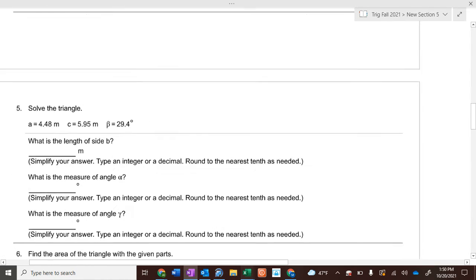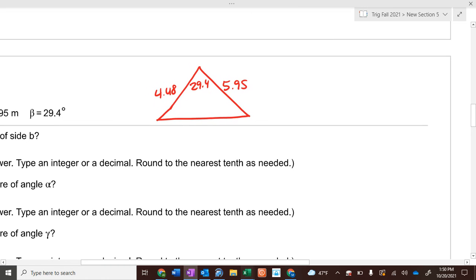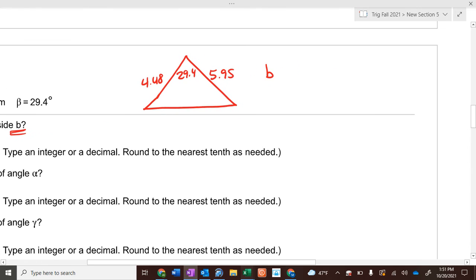On this problem, we have side angle side given to us, where we have 4.48, 29.4, 5.95. So if you're given side angle side, it's a straight law of cosines. So B is what we'd find first, and they tell you find B first. Okay?